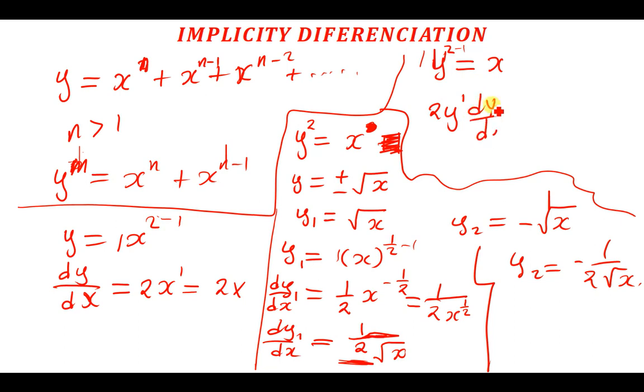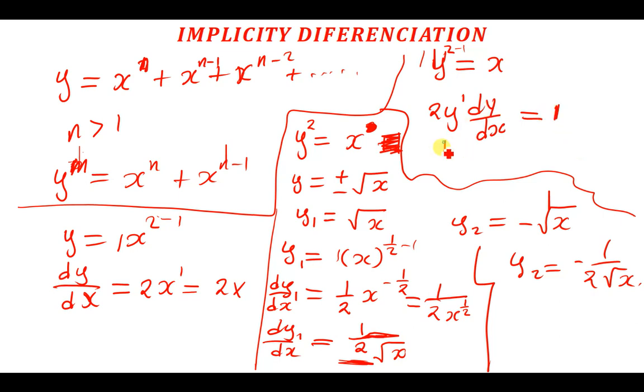Every time you differentiate y, you always have to add dy/dx when you're dealing with implicit functions. The other side, when you find the derivative of x, the answer will simply be 1.